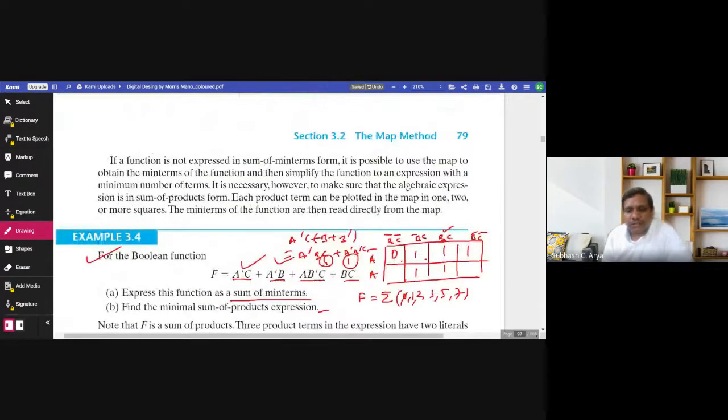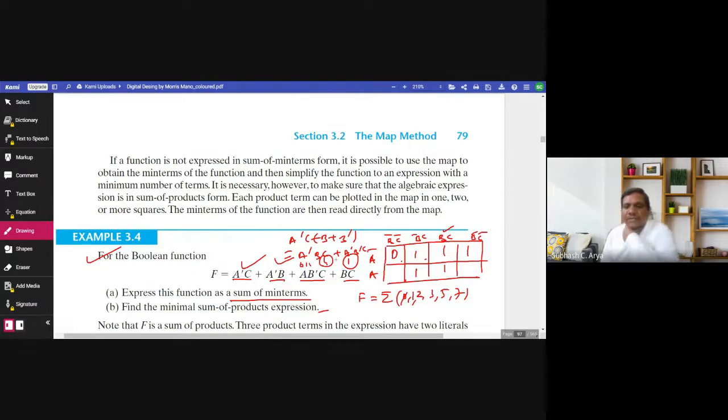So basically this is talking about A bar C. So A bar C, missing term is B and B bar. So we can multiply by 1, that is B plus B bar. So A bar B C is nothing but 0 1 1.